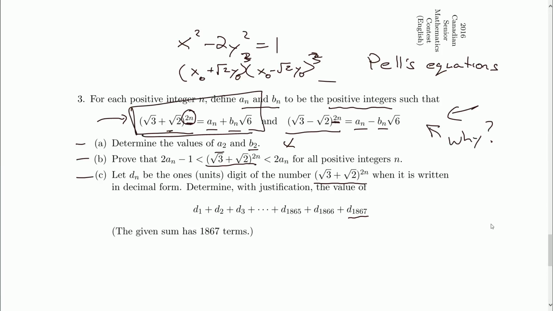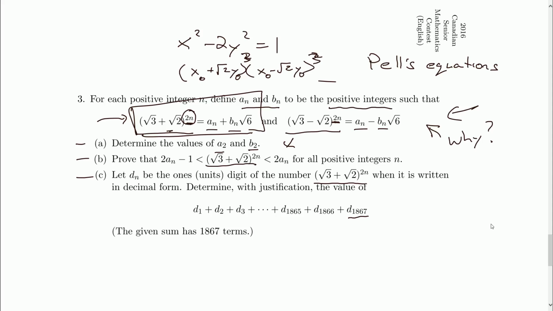Why are they even bothering telling me that this is AN and BN, but with the minus sign? Why are we even bothering with this guy? It does take a little bit of thinking, but you have to use this at some point. It's additional information that you don't need to do A, but you probably need to do B or C.